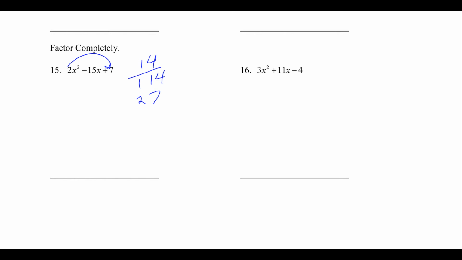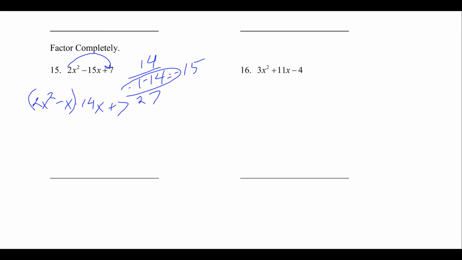Now, the only thing that I can get 15 out of is 1 and 14. The only way I can get negative 15 out of that is to go negative and negative. So, negative 15. So, we're going to have 2x squared minus x minus 14x plus 7.